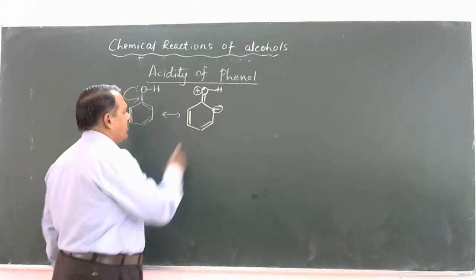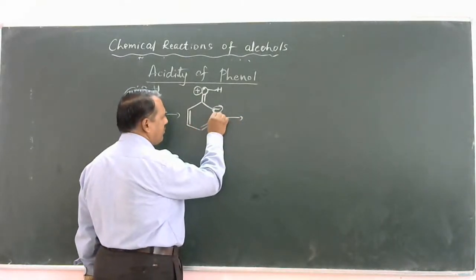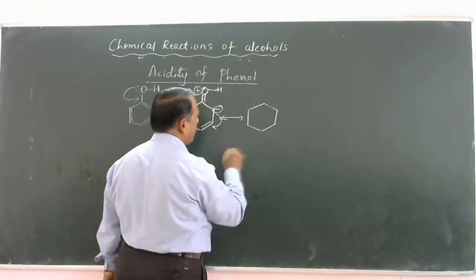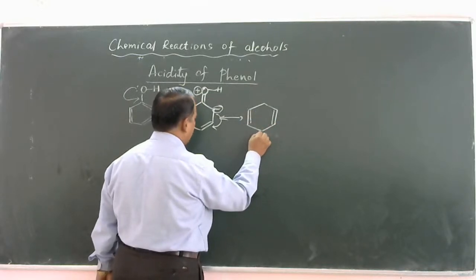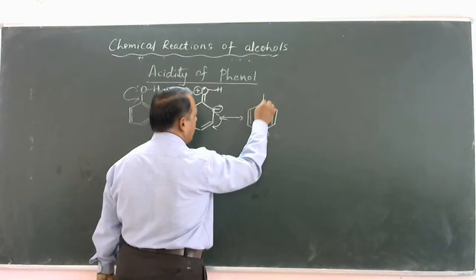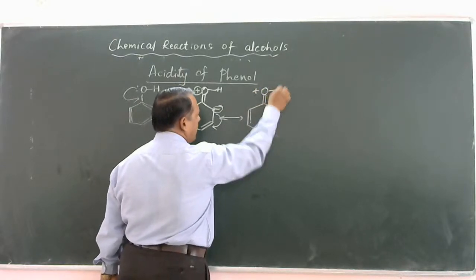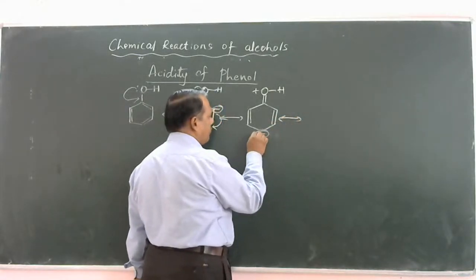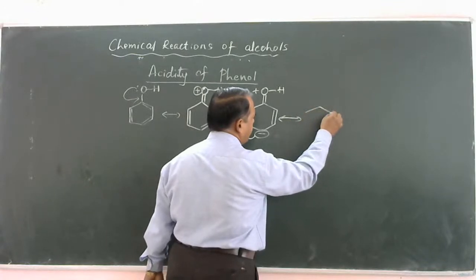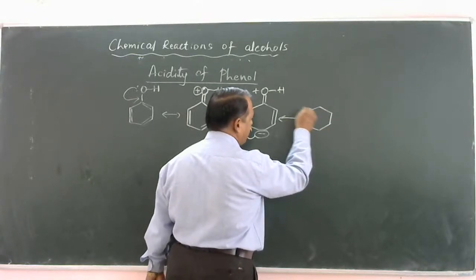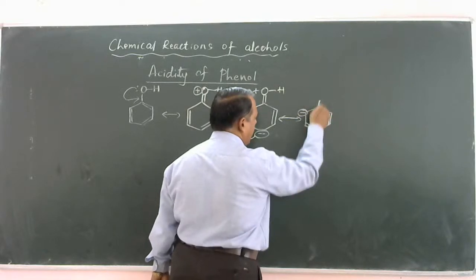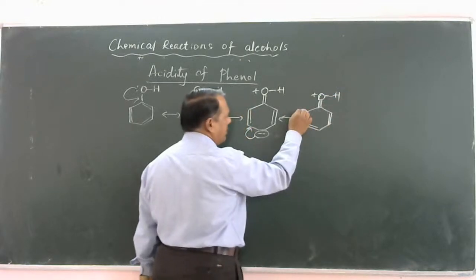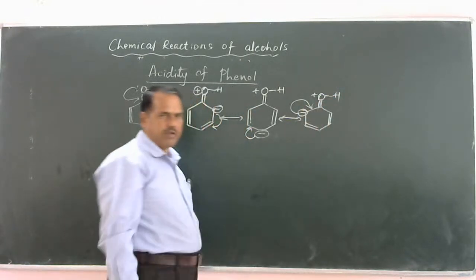Resonance structure. See now next, this charge moves here and you will get the next resonance structure: double bonds are here, and that is nothing but minus, and this is a double bond again with partial positive character, and this is H. Again next resonance, this adds here and you will get the next resonance: minus charge here and bond here, and this is a double bond, oxygen atom with partial positive charge, and this negative charge again pairs here.